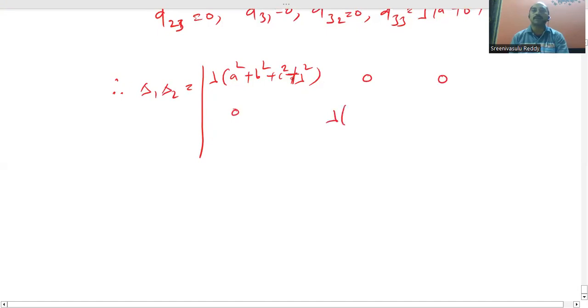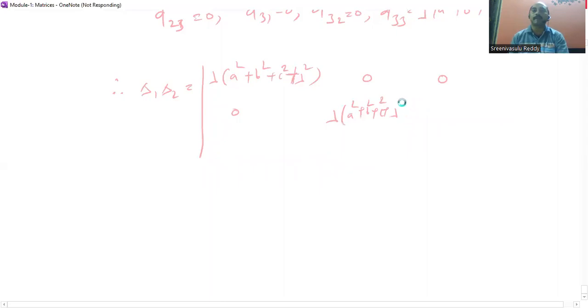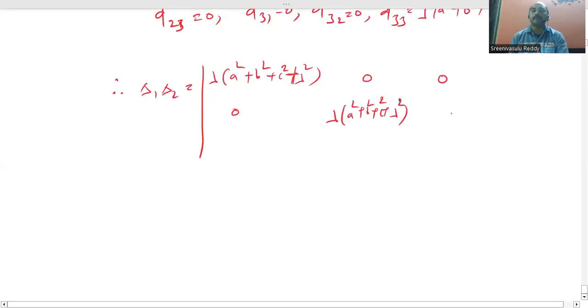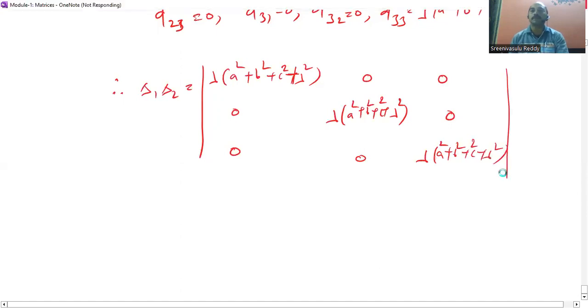The second element of the second row is lambda times of A square plus B square plus C square plus lambda square. Last element 0. Here the last row 0, 0, lambda times of A square plus B square plus C square plus lambda square. Det close.